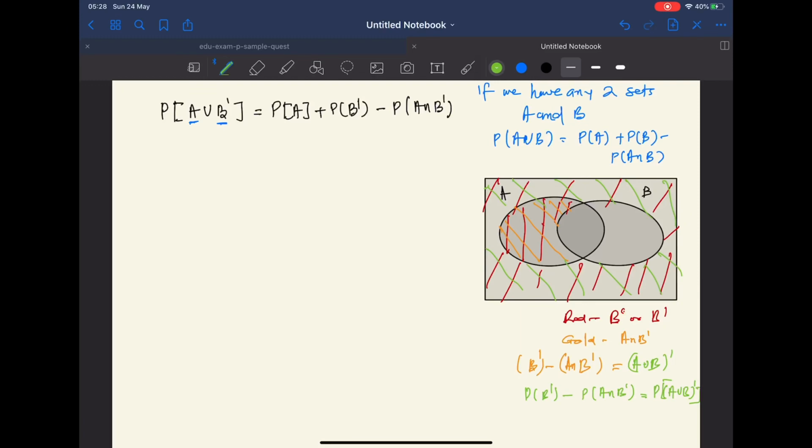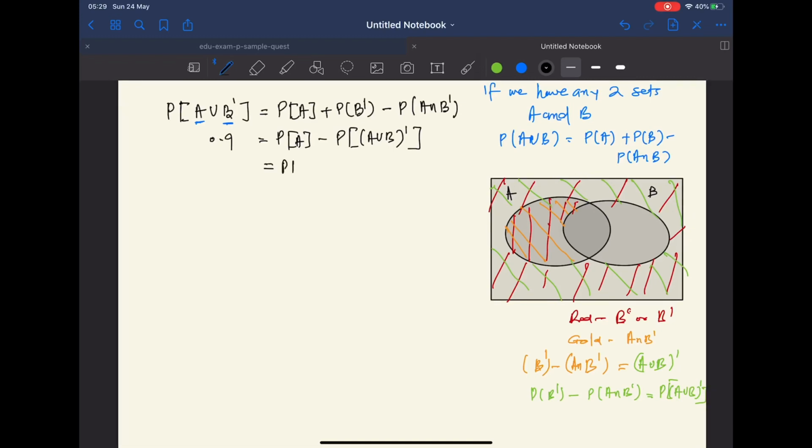So this here is the same as probability of A minus probability of A union B complement, and this I know to be 0.9. I also know that probability of A union B complement is probability of A minus 1 minus probability of A union B, and that I know to be 0.7.